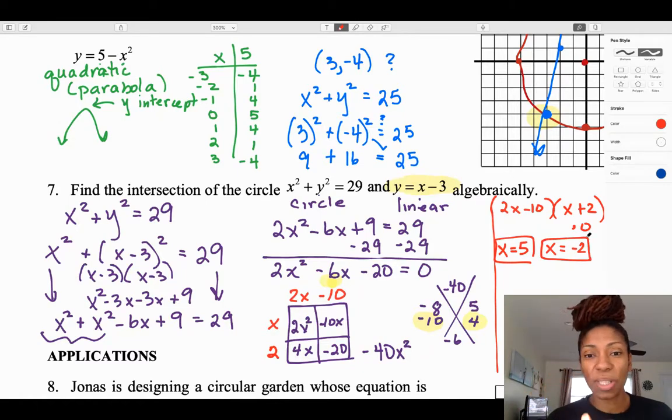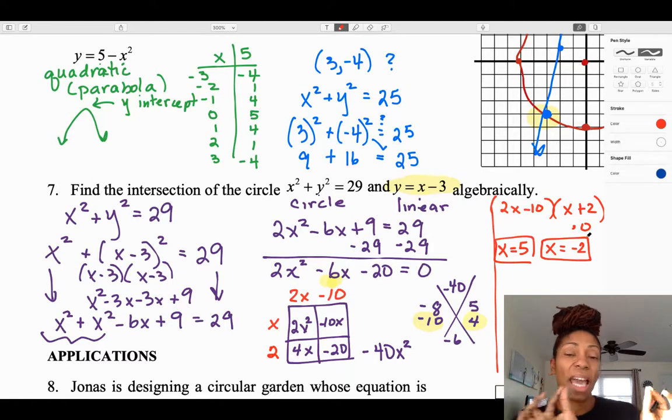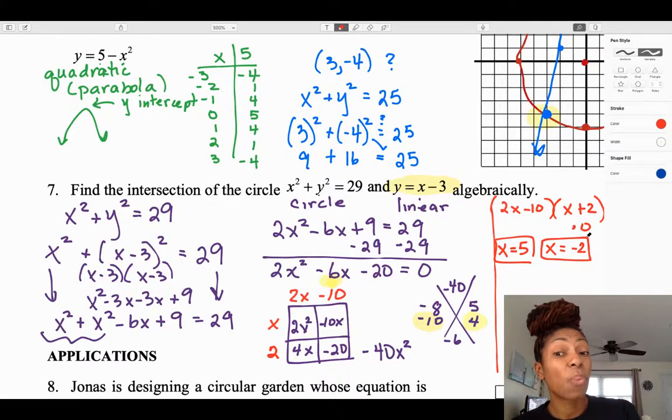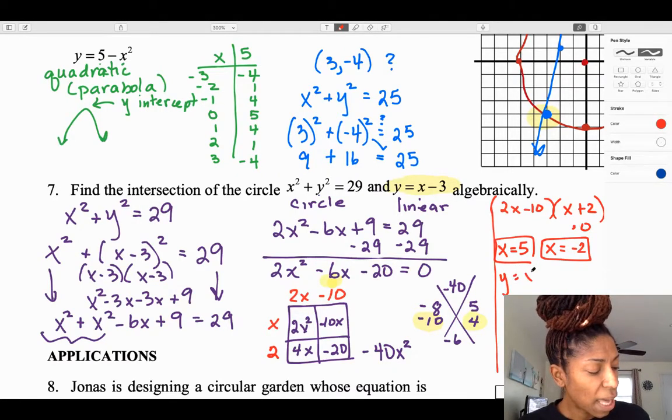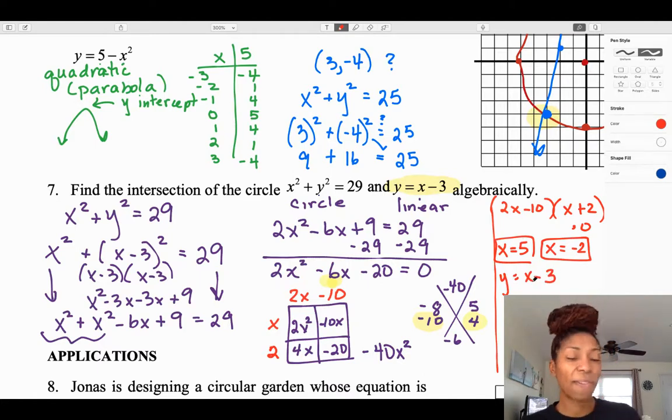We are almost done. Now I have the x coordinate for my solutions. I just need the y's. I can choose either equation to get the y. It doesn't matter. I'll get the same answer. But for efficiency's sake, I'm going to use the linear equation. y equals x minus 3. If I plug 5 here, I would get y equals 5 minus 3, which is 2. So the y that goes with this x is y equals 2.